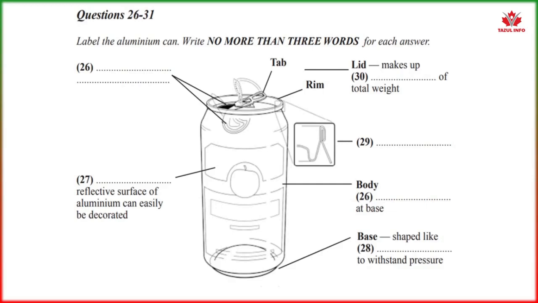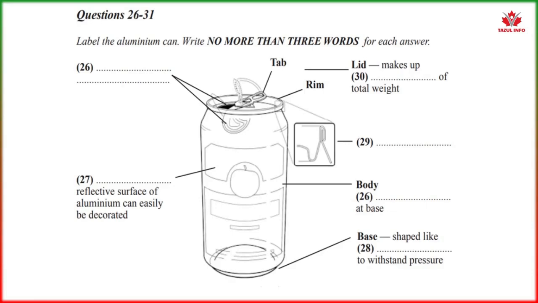It's made of aluminium, of course, and it's thicker at the bottom. Right, so that it can take all that pressure. And then I think you should draw another line from the body for the label. Right, label. The aluminium is ironed out until it's so thin that it produces, what does it say? A reflective surface suitable for decoration. That's right. Apparently it helps advertisers too. Yes, because it's so attractively decorated. Good.